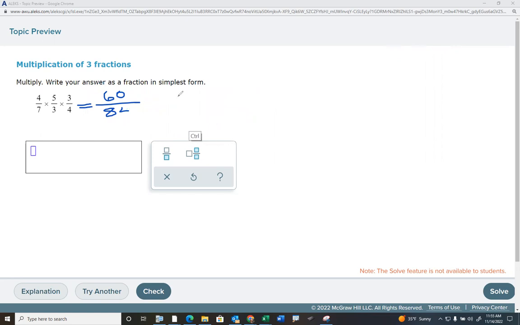Now, once again, we could have just said, all right, we can cancel stuff, simplifying as we go before we do the multiplication. Any top with any bottom. Well, obviously, 4 divides into both of these guys. 4 divides in once, 4 divides in once. And 3 is going to divide into both of these guys once each.